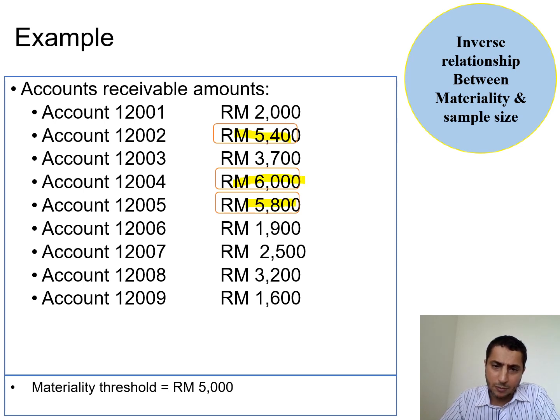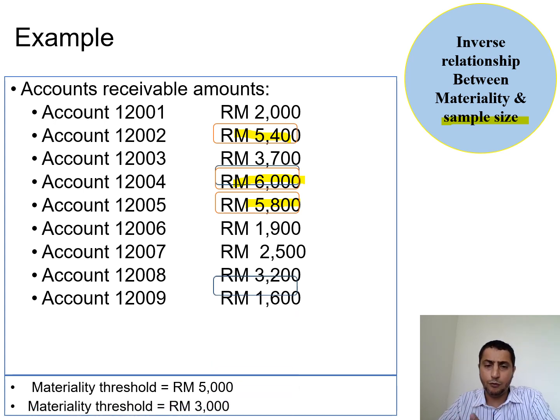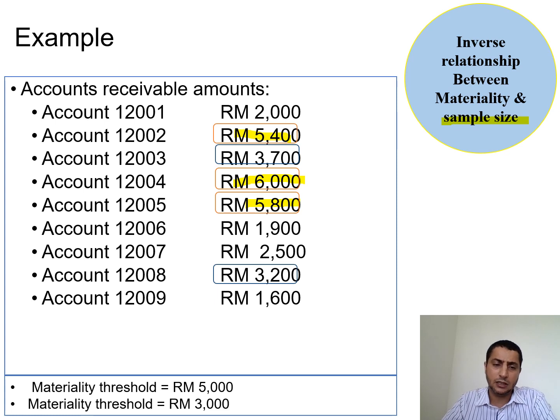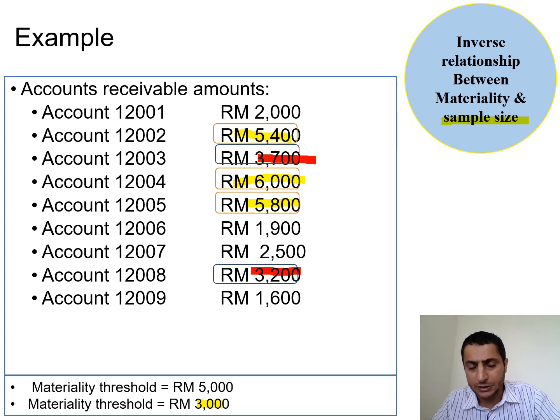Those amounts will be the target sample for the auditing process. If we put the materiality threshold at the 3,000 level, we will include more transactions in the sample size.